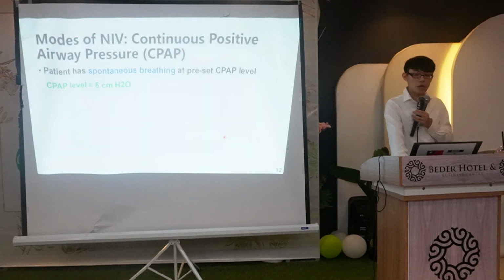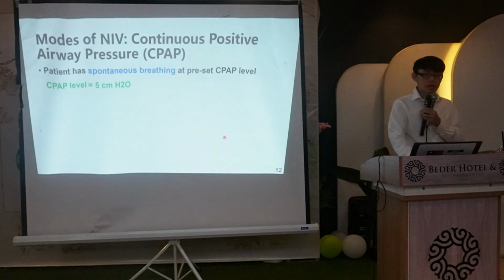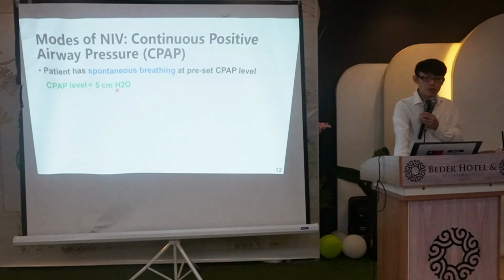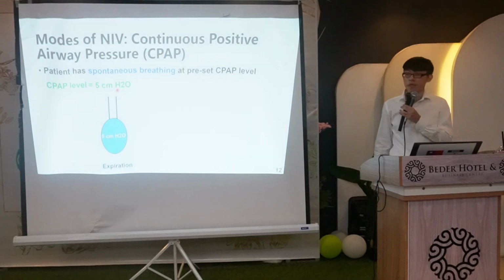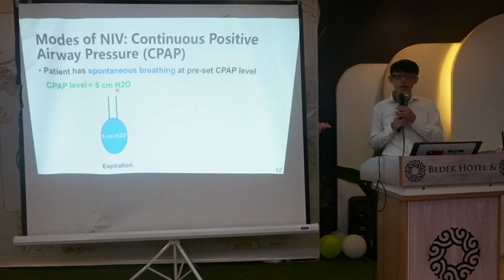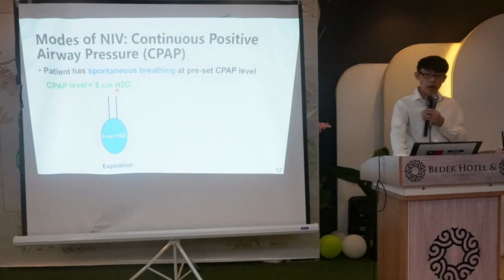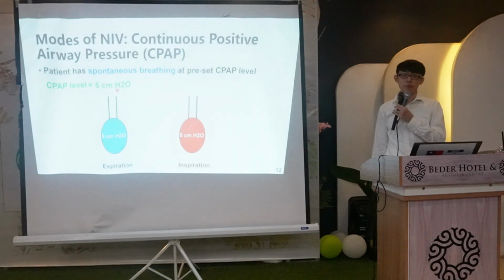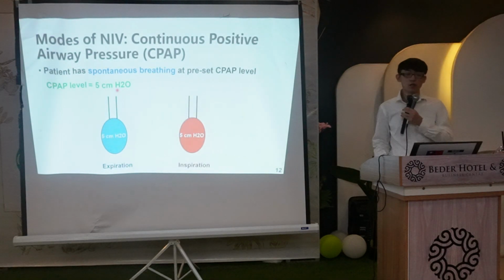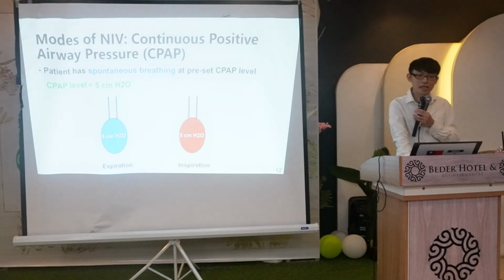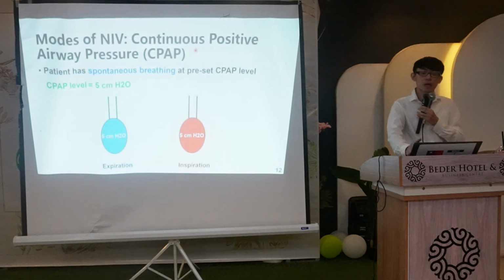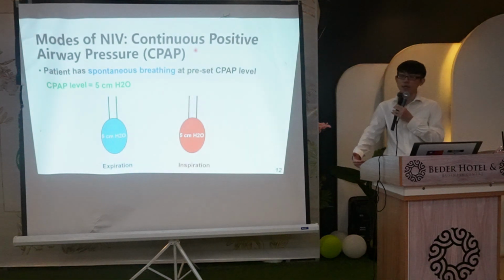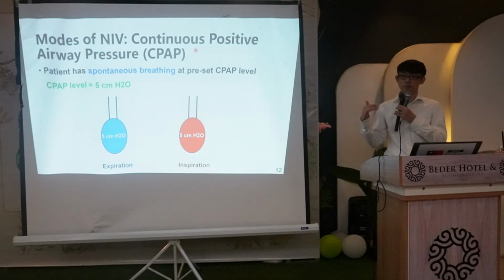For example, if we set the CPAP level around 5 centimeters of water, it means that during expiration the alveoli get 5 centimeters of water pressure. And during inspiration, the patient still gets the same pressure, 5 centimeters of water. That's why we call it continuous. So during expiration and inspiration, you just deliver one pressure.